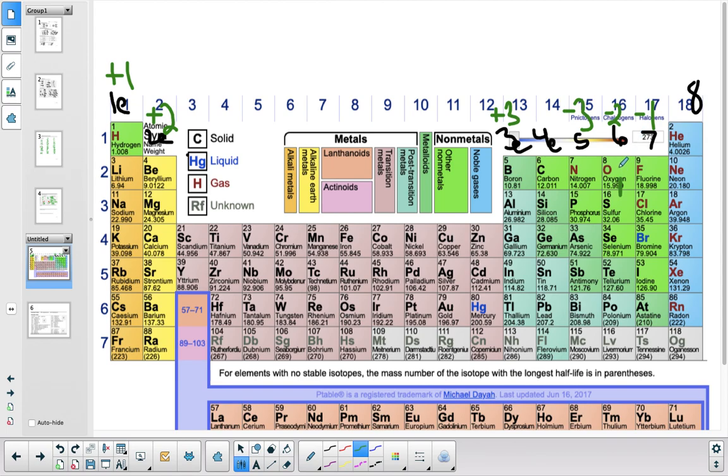This means oxygen only needs to spend the energy to gain 2 electrons. Sulfur only needs to spend the energy to gain 2 electrons. So they're both using the same amount of energy, the same amount of reactivity to try to gain electrons to fill up those outer shells.